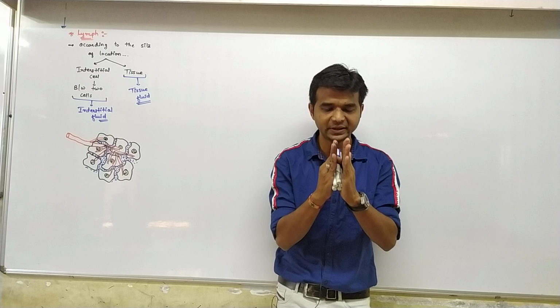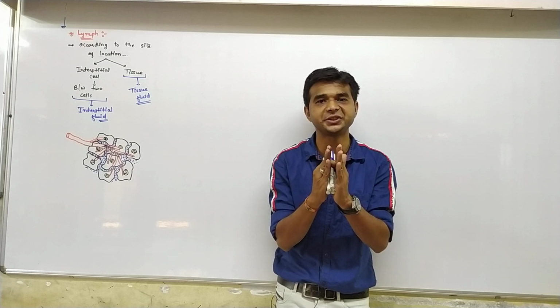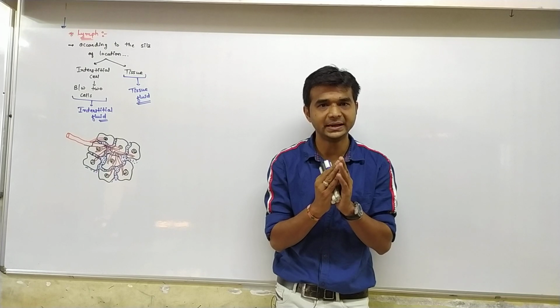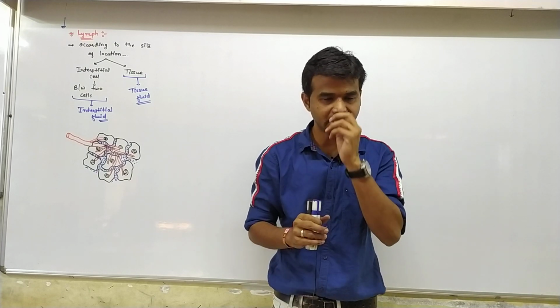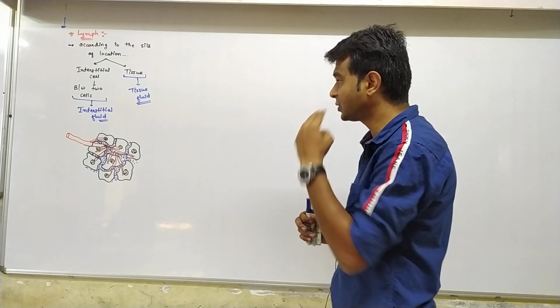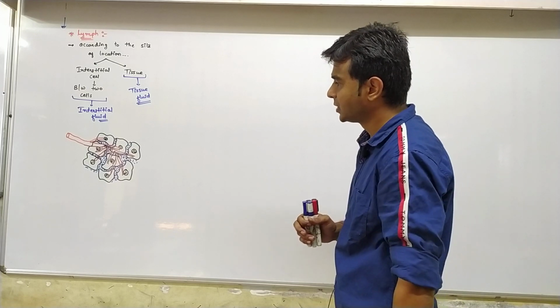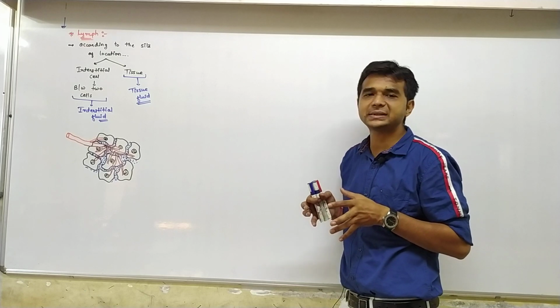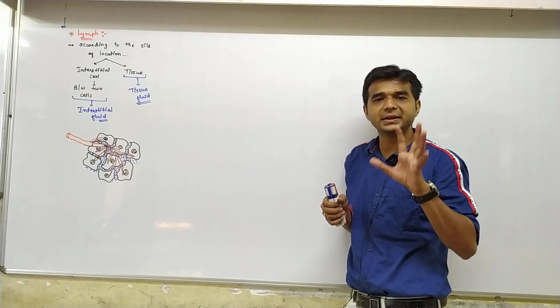The space between the two cells is known as interstitial space, between two successive cells. From this blood, the required components can be obtained by the cells.